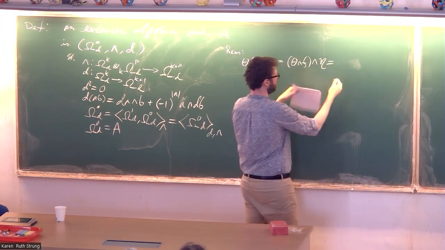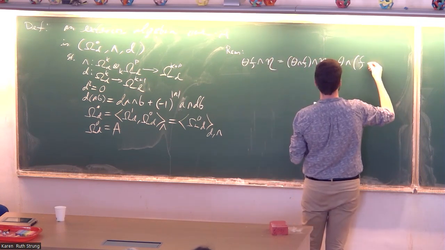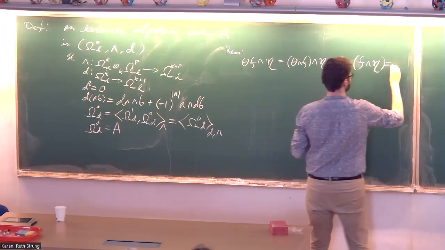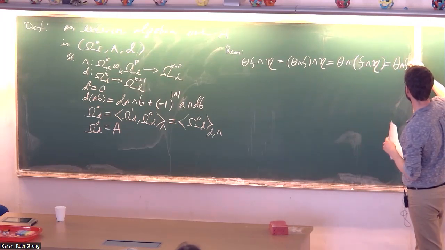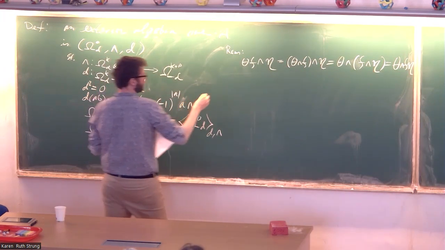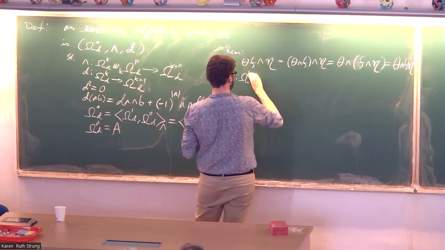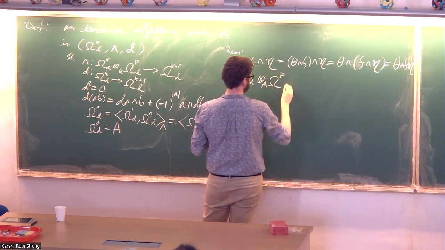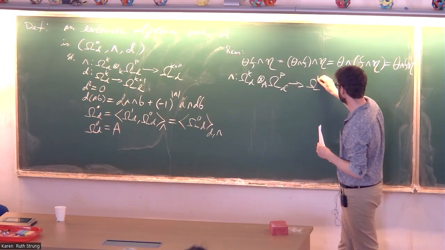And now simply move the bracket. So in fact, wedge descends to a map Omega^k(d) tensor over A Omega^p(d) to degree k plus p.